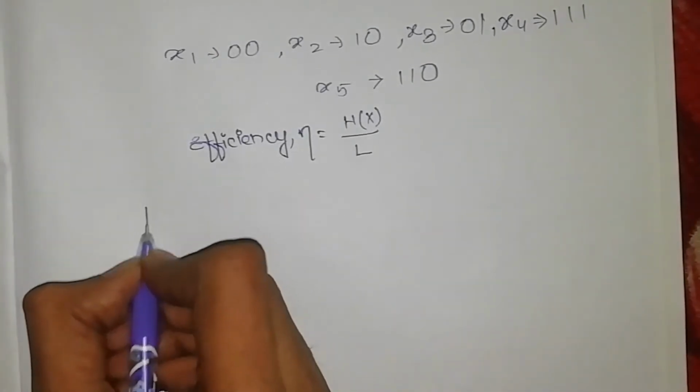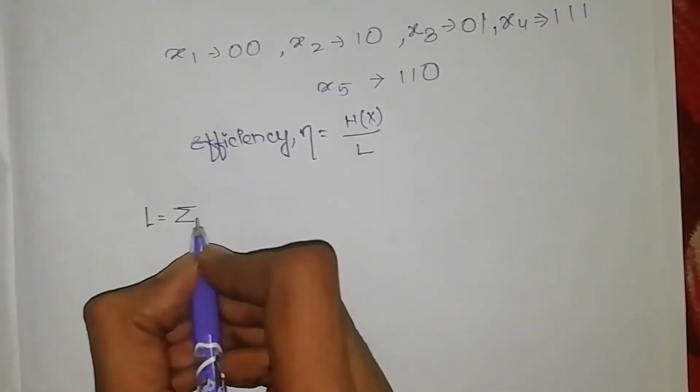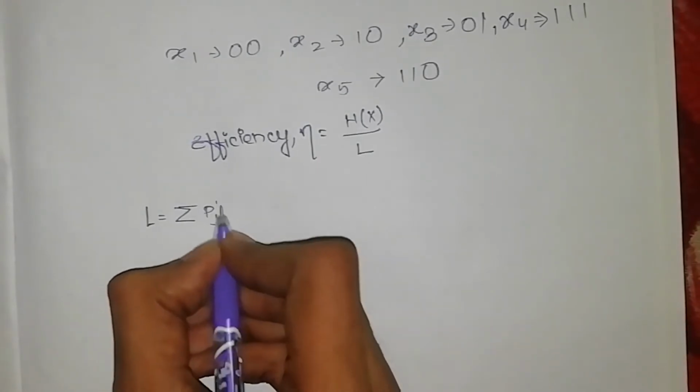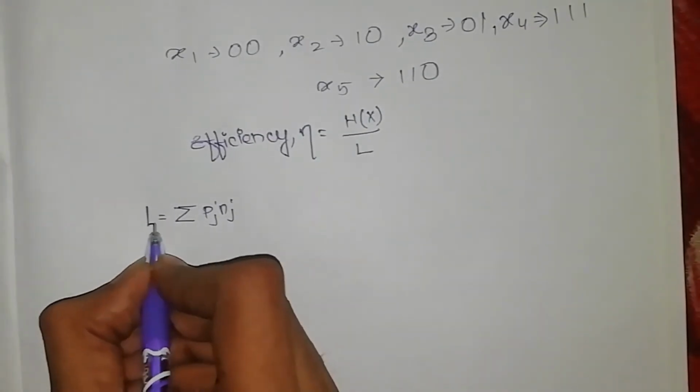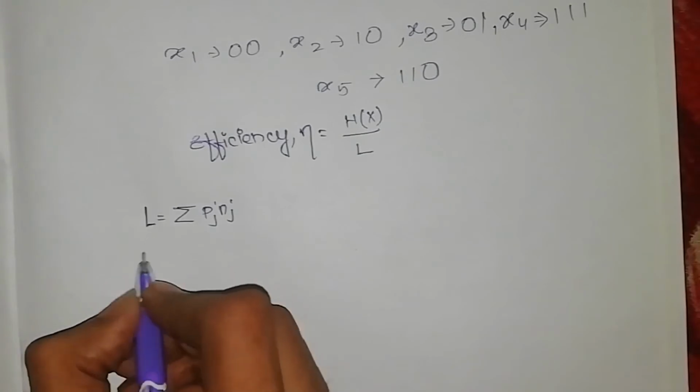Now average code length we know is equal to summation pj nj. From our last lecture we know this.